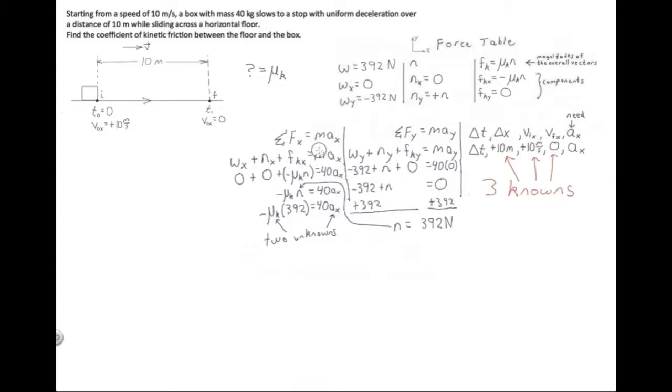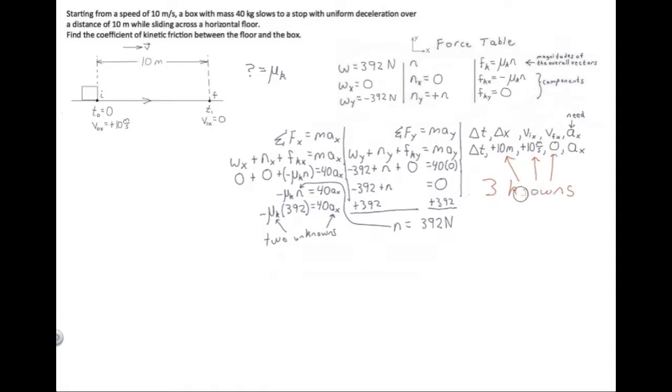For the Newton's second law columns, it was helpful to count the number of unknowns. But it turns out that for your kinematics setup, it's more helpful to count the knowns. So we can count that there are 3 kinematics variables that we know the values for: delta x, v initial x, and v final x.